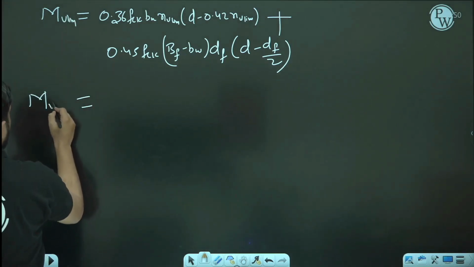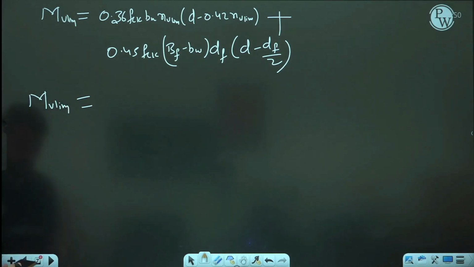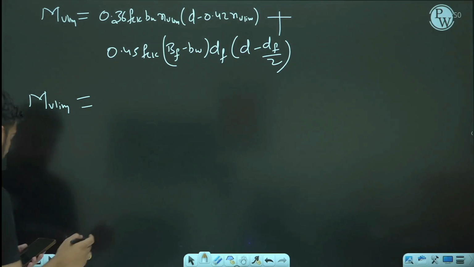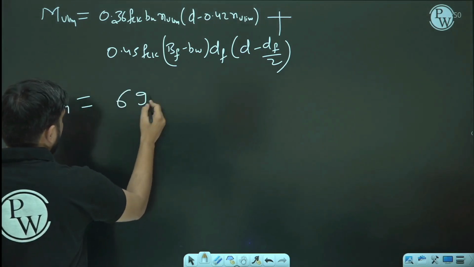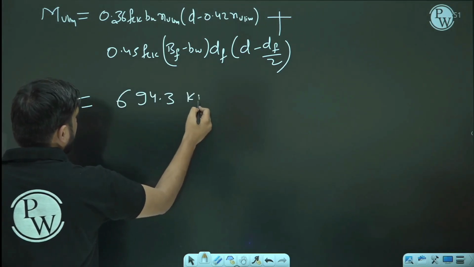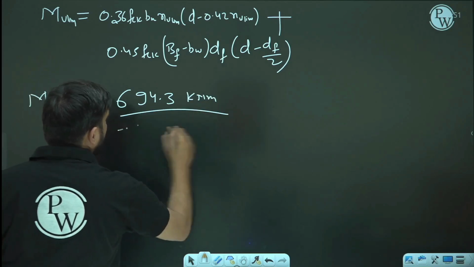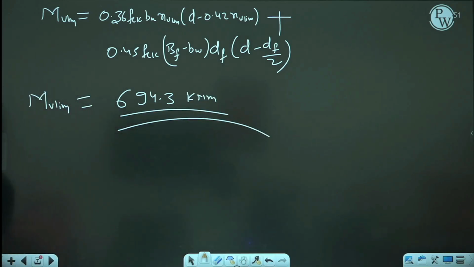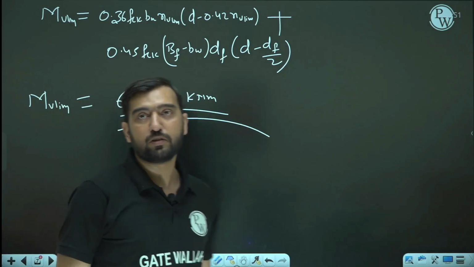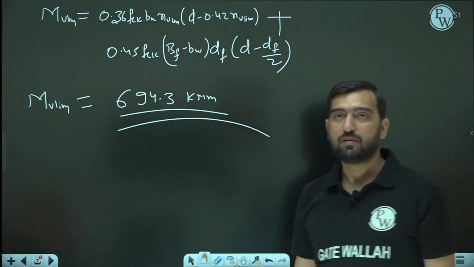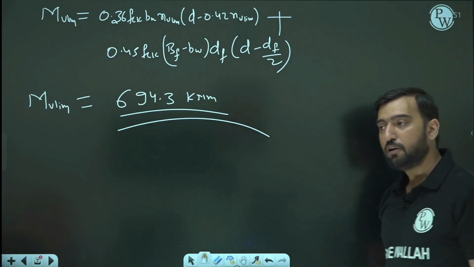So Mu lim is coming out to be 694.3 kilonewton meter. So this is the final moment of resistance, or you can say the limiting moment of resistance, of this case. Is it clear? Are you getting it or not?